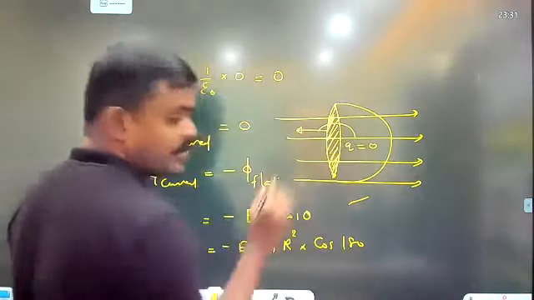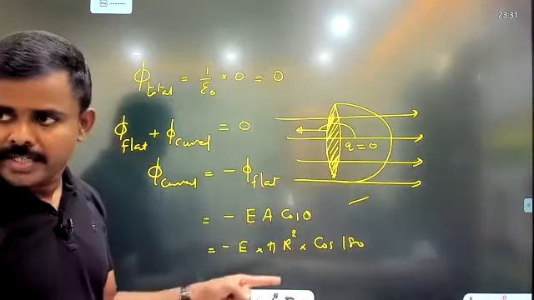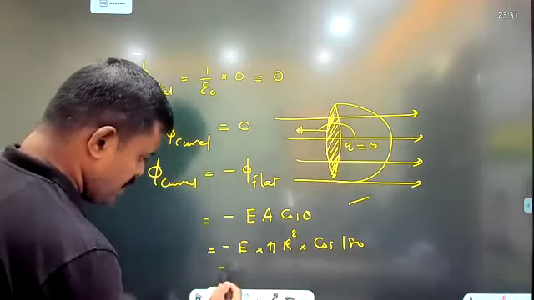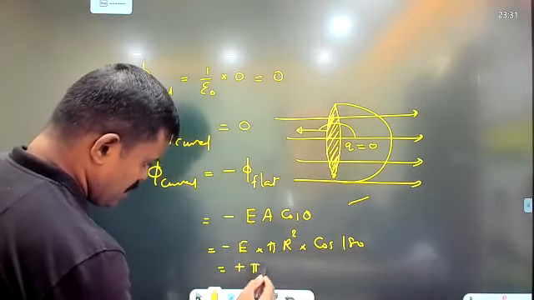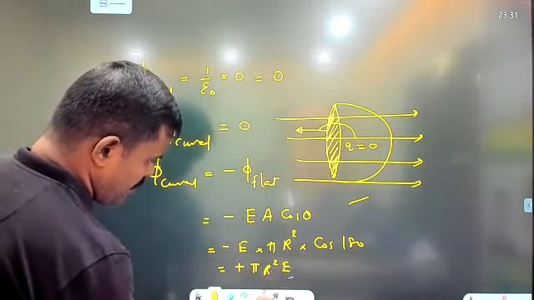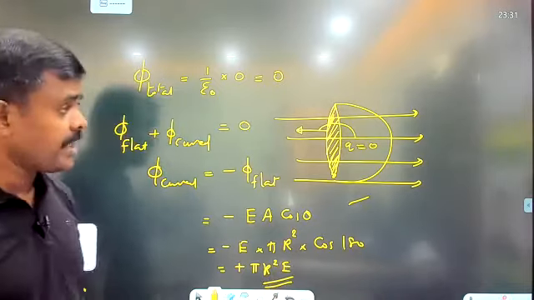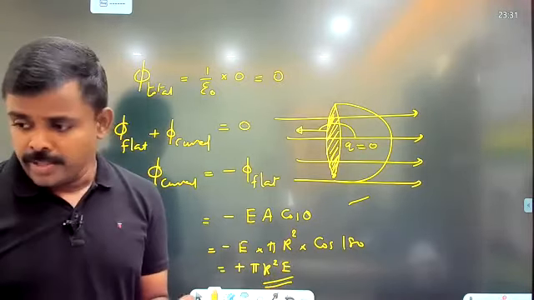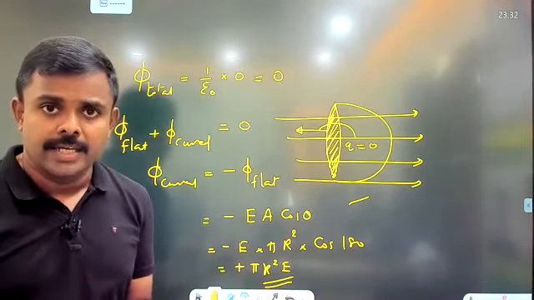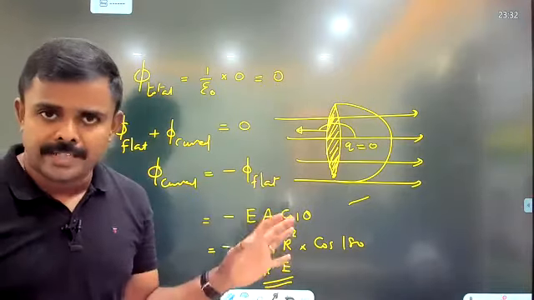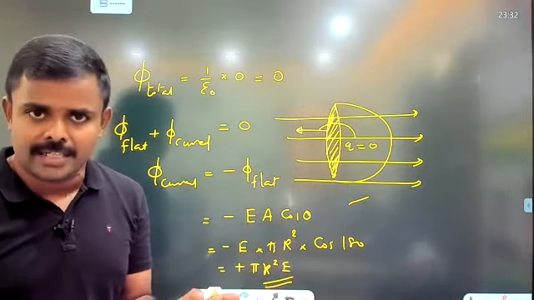What is the angle between them? 180. Cos 180 is minus 1. So minus into minus gives plus pi r square E as the final answer. I repeat one more time. The question is to find the flux for a hemisphere kept in an electric field.